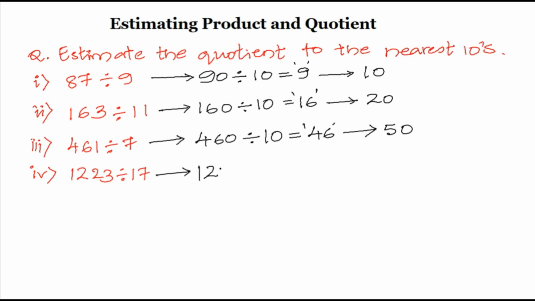Round off to nearest 10, we get 1220 divided by 17. 17 when you round off becomes 20. The result of 10 is 61. Further, let us round off to the nearest tens. We get 60. This is how I have made the division and the quotient obtained. I have estimated to the nearest tens.